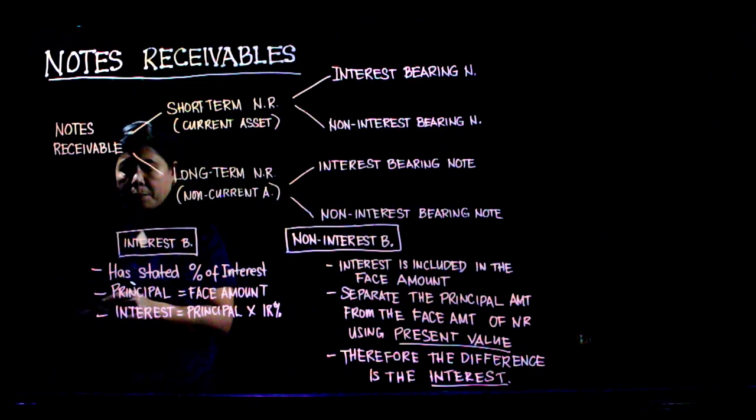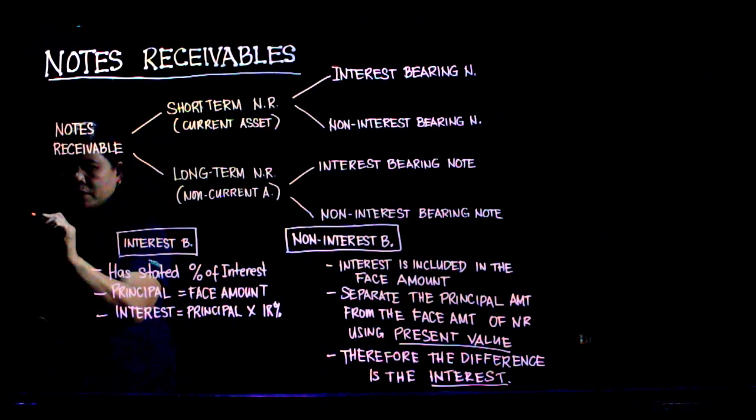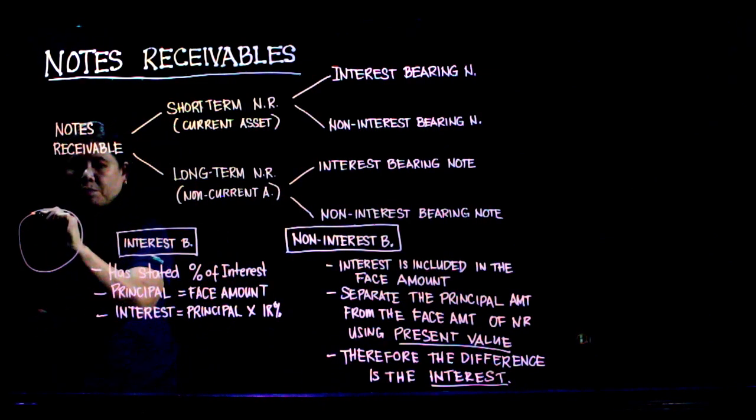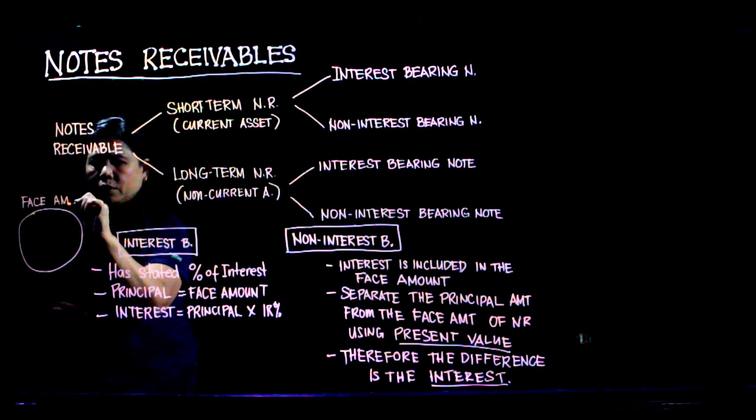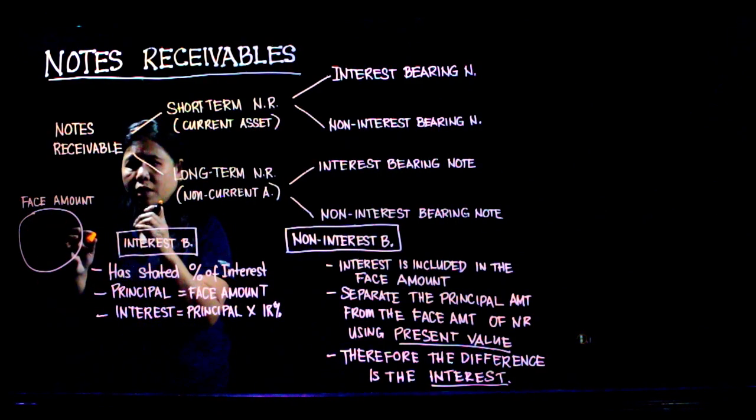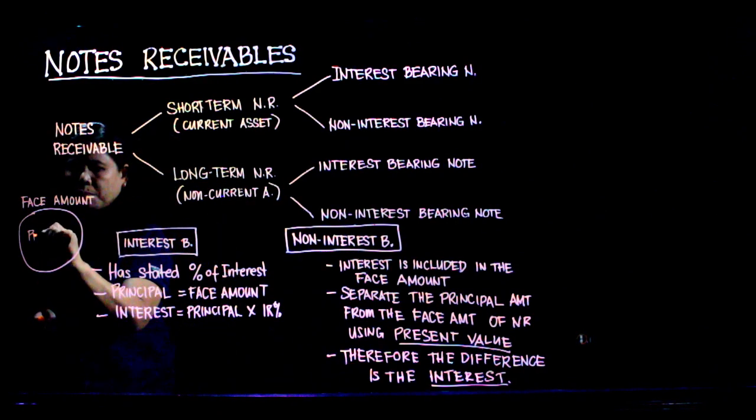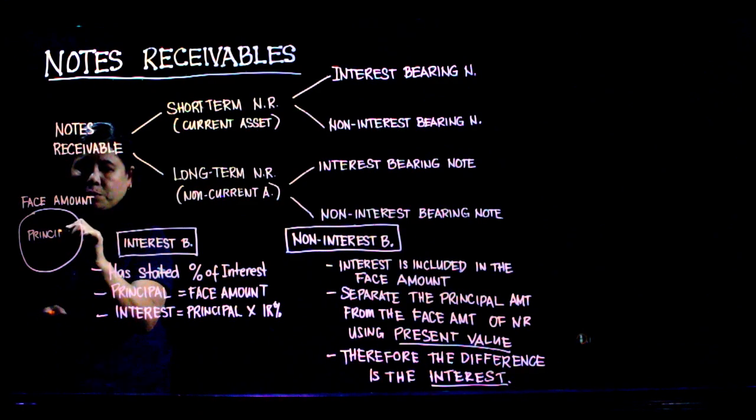Let's take a look at a pizza. This pizza represents the face amount of the promissory note. The whole principal is what you're going to get on the maturity date.